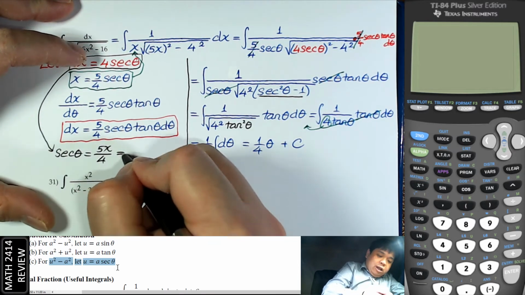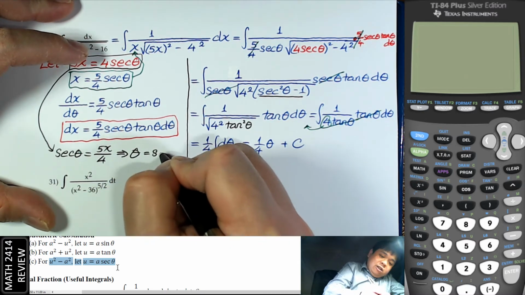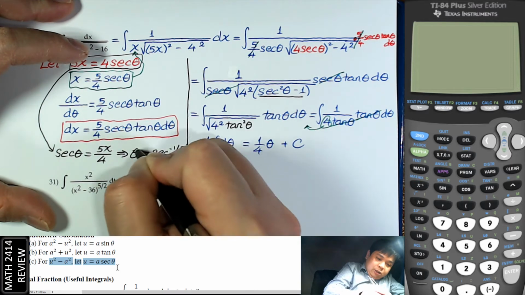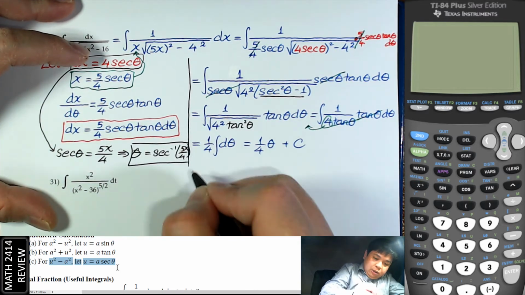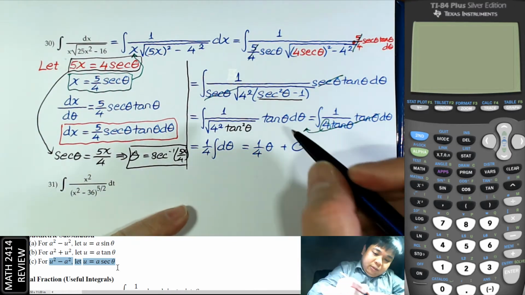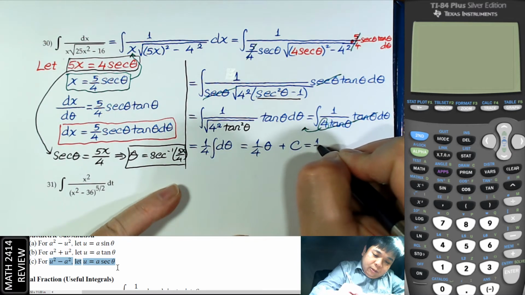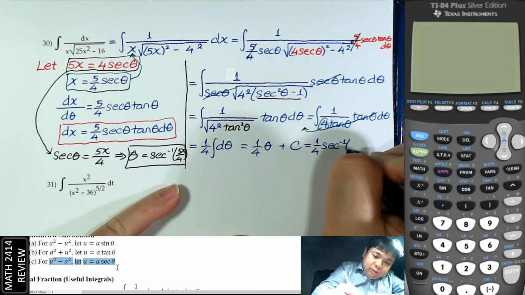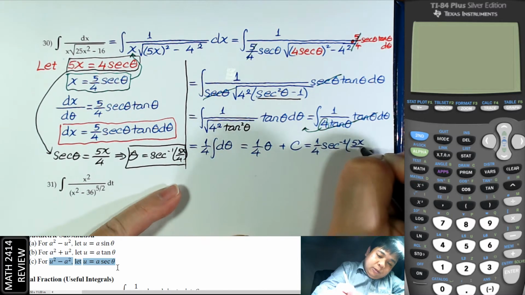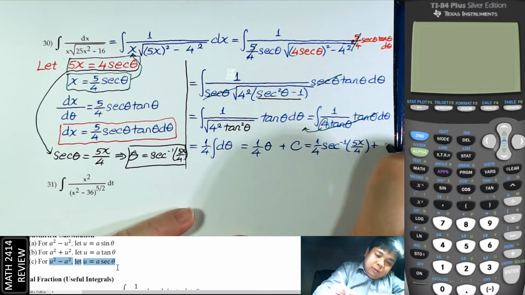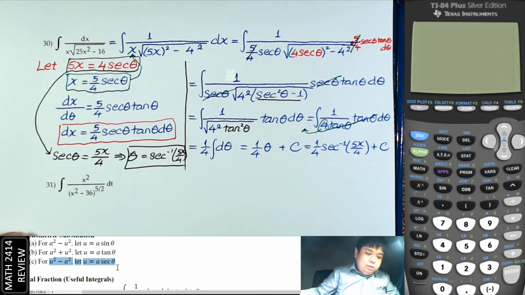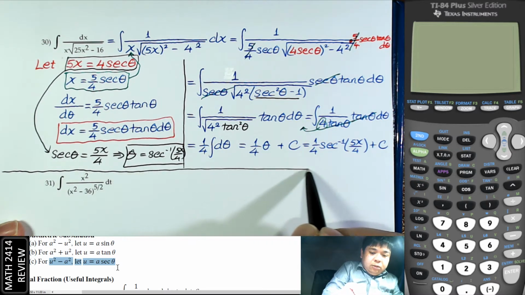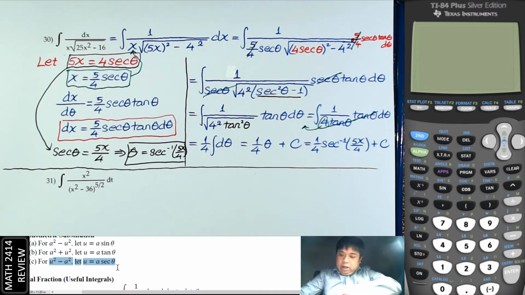So theta will be secant inverse of 5x over 4. Right, so that's what we have.